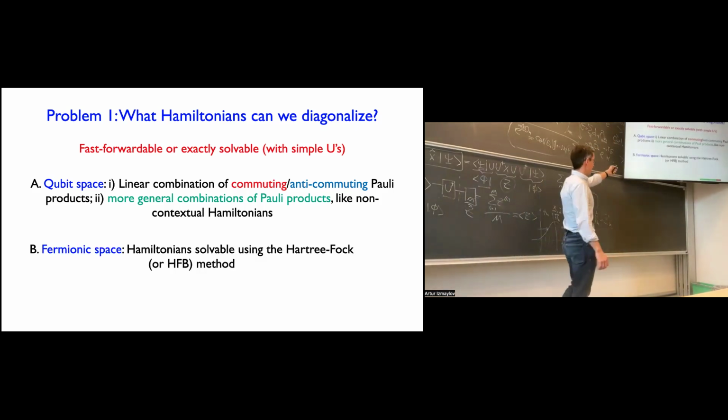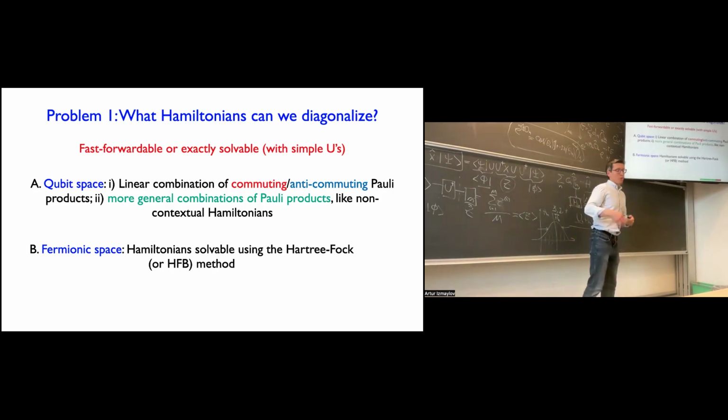Now, in the fermionic case, we actually know from quantum chemistry that if one constructs, let's say, a one-electron Hamiltonian, then this Hamiltonian can be diagonalized and brought to the occupation numbers by some orbital rotations, right?